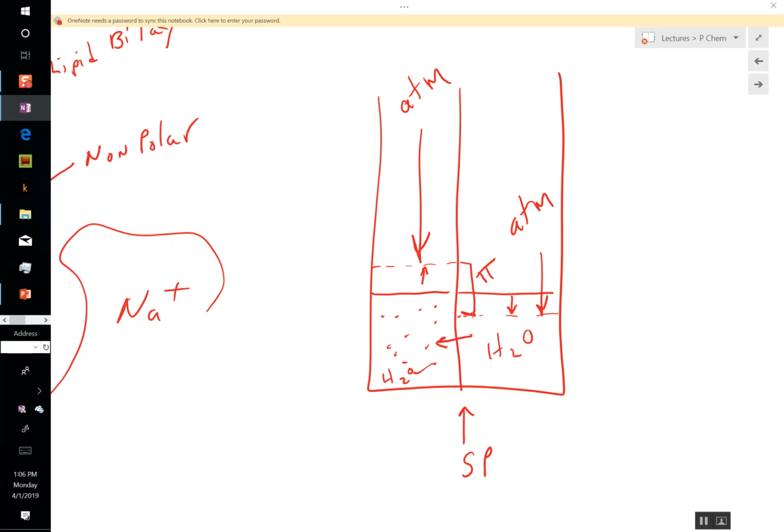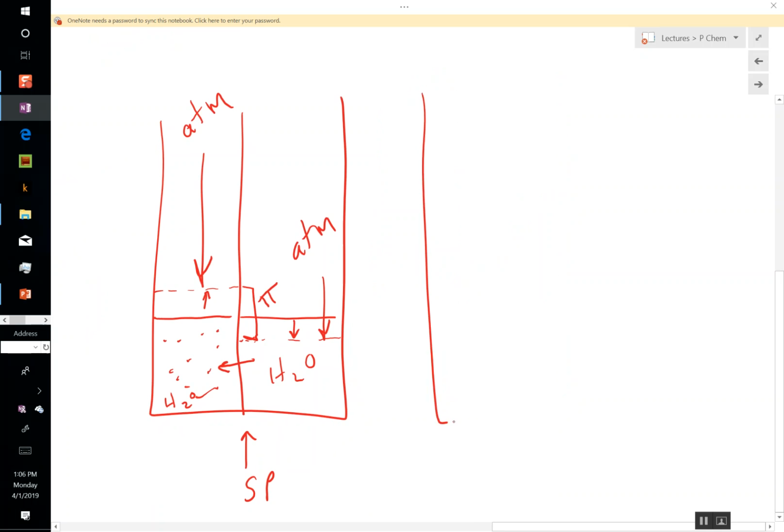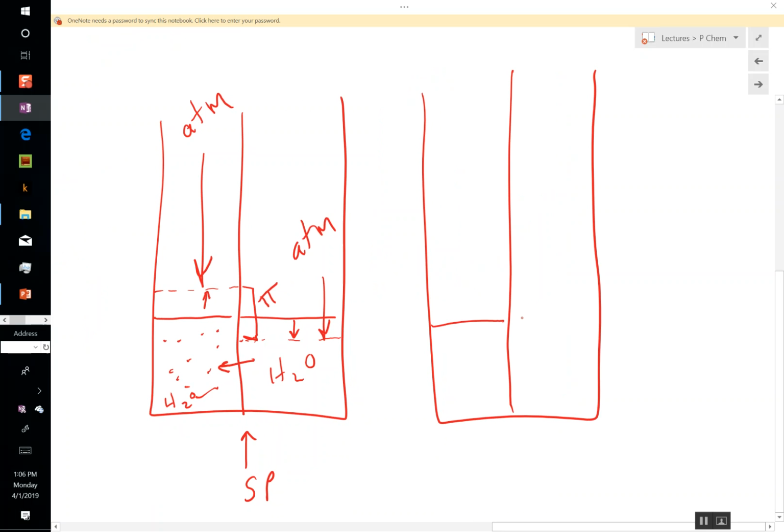Now, if we had another one over here, and the concentration here is 1 molar, and the concentration here is 2 molar. We should probably be talking about molality. 1 molal, 2 molal.